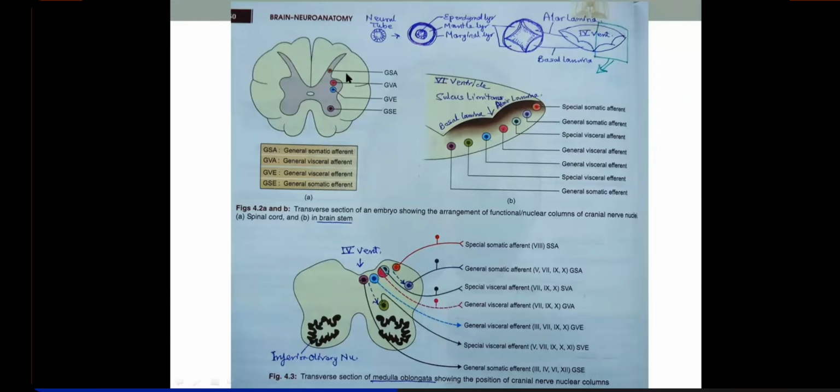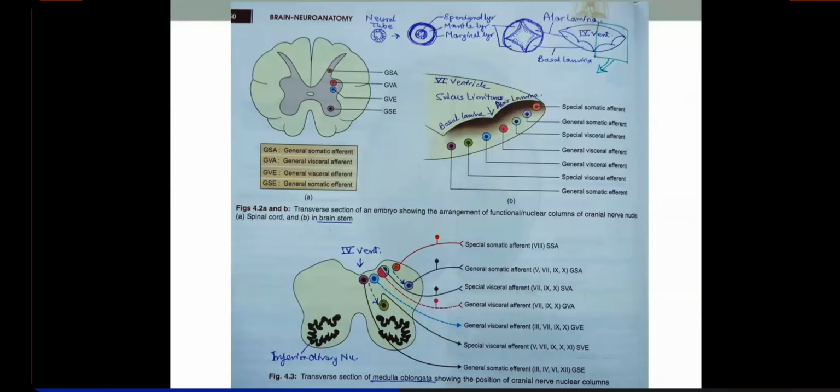Now, in between, this arc has been followed by the four functional columns I have taught you about, how they are placed in the brainstem. Now, in between these two, imagine another two functional columns, which were not seen in the spinal cord but will be present in the brainstem, for the branchial apparatus, right?